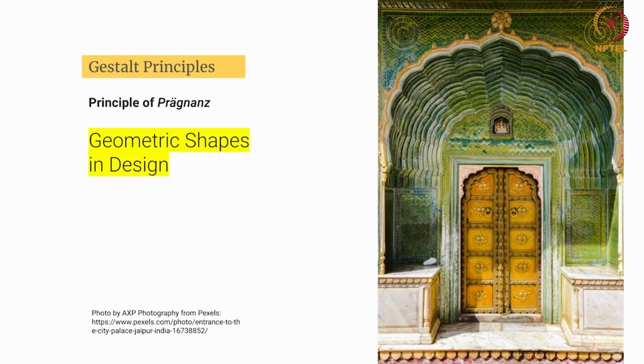Okay, so let's consider this example. This is an entrance arch of a heritage building, and you can clearly see multiple repetitions of geometric lines and arches associated with this entrance.